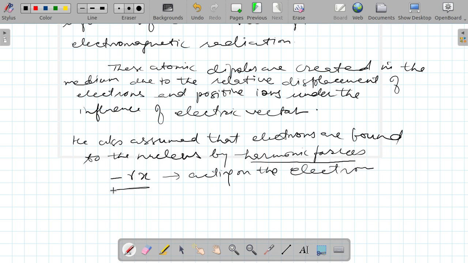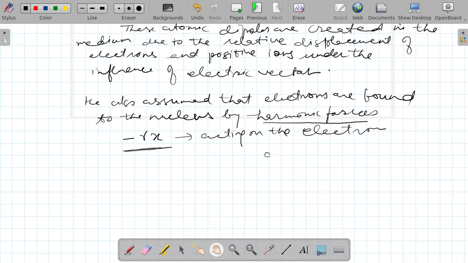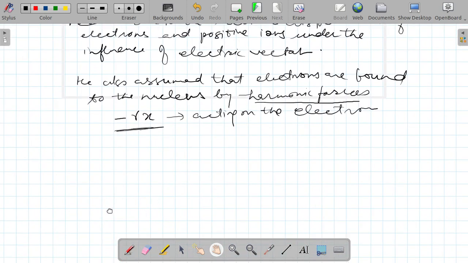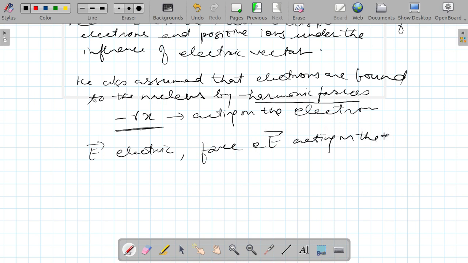So this is one force term, and if E is the electric field, then this causes a force eE acting on the electron.